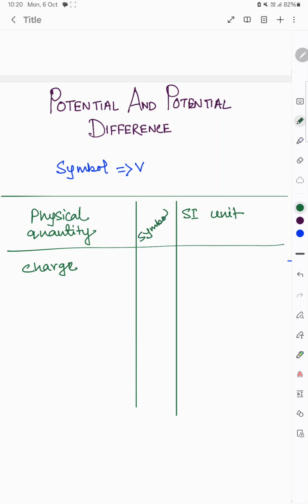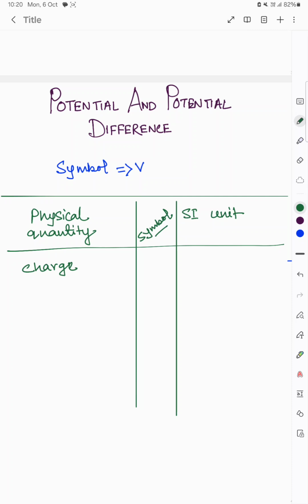Many of you, I have noticed, are confused about what is symbol and what is SI unit. Symbol means it is not possible for all of us to continuously write a particular word again and again, right? So symbol is nothing but a representation of a word.